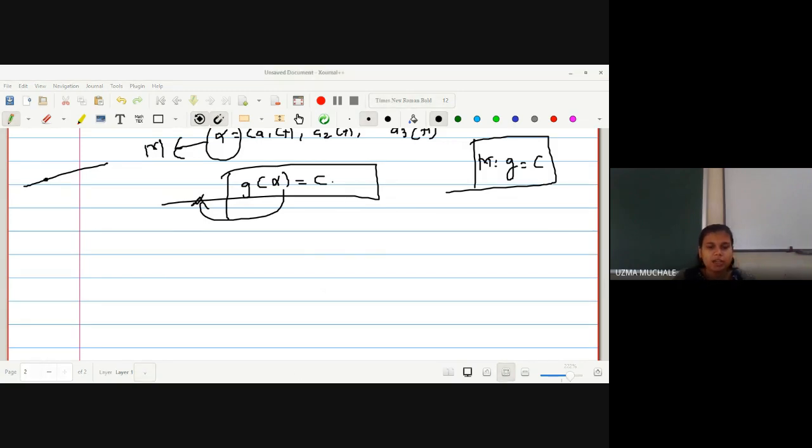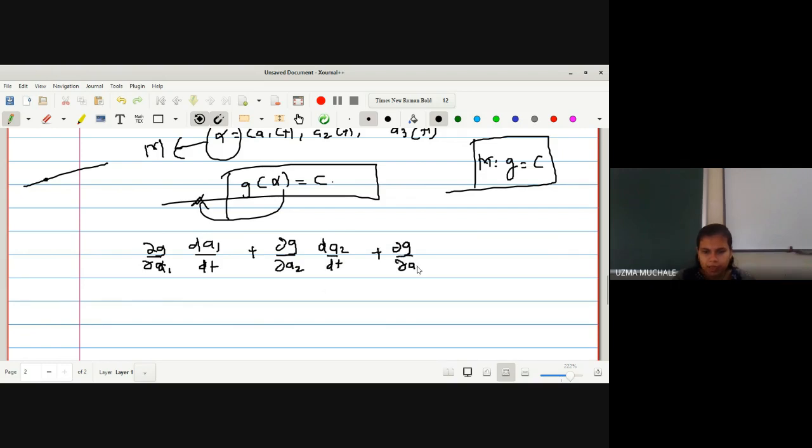As g is a function of alpha and alpha is a function of t. So I differentiate: dou g by dou a1, since alpha is a function of a1, a2 and a3, times the derivative of a1 with respect to t, plus dou g by dou a2 times the derivative of a2 with respect to t, plus dou g by dou a3 times the derivative of a3 with respect to t, which is equal to 0.